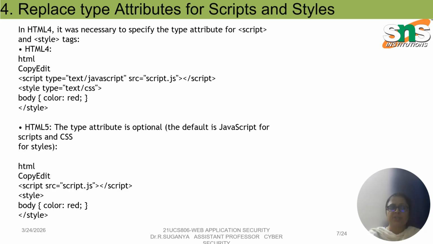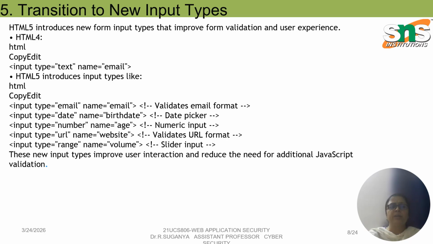For style and scripting we use CSS, cascading style sheets, and JavaScript files, .js, and styles like color and body colors. We have many attributes that can be used, not only colors: paragraphs, contents, colors, animations, all that. Then transitions to new input types.